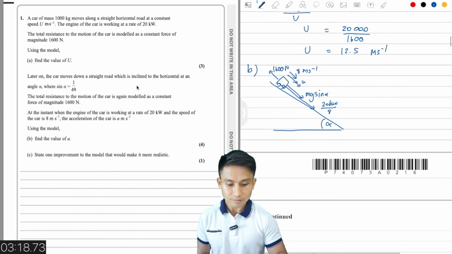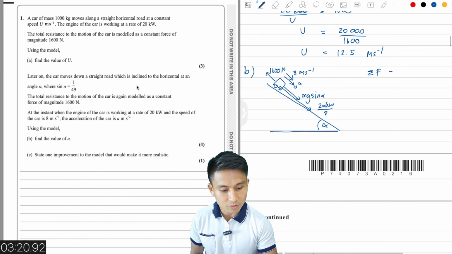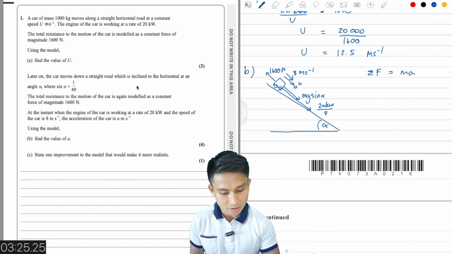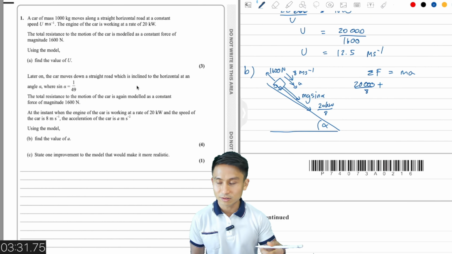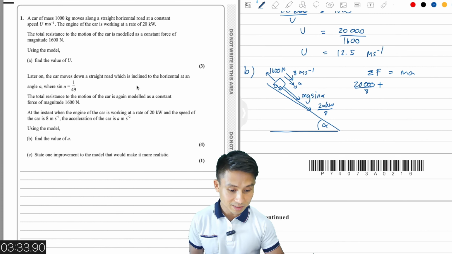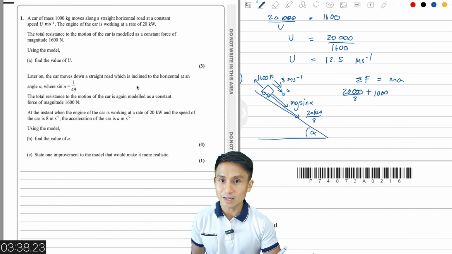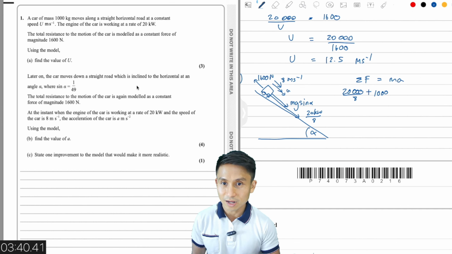So sigma F equals ma again. That's the governing equation in mechanics, Newton's second law. So 20,000 divided by 8 plus the driving force down the slope, which is mg sine alpha. So mg is 1,000 g, I guess g is 9.8, right?